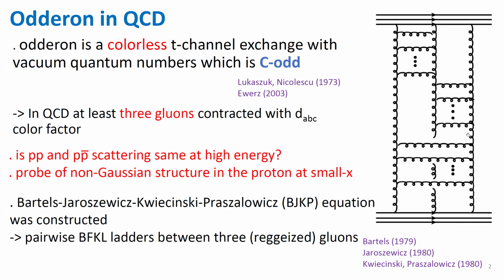This is what I will refer to as the Odderon, and in this context it can be understood as a solution of a differential equation called the Bartels-Jaroszewicz-Kwiecinski-Praszalowicz equation, or BJKP equation, that was constructed in the 80s.